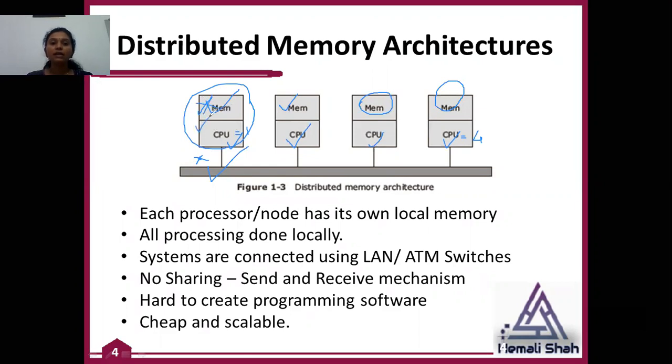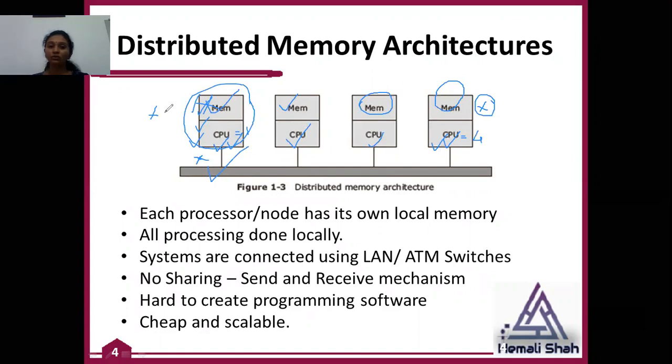It searches for the value of X from the other computers. Suppose that CPU 4 has the value of X right now. This node asks for the value of X, and CPU 4 replies with the value of X. Then this CPU stores the value of X in its local memory and processes on the value of X.